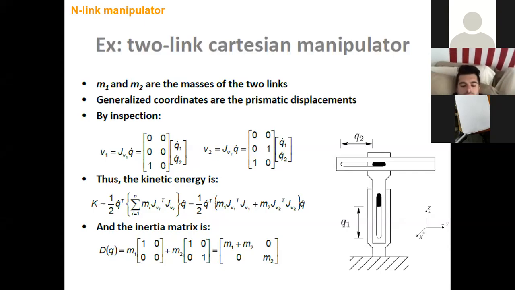Now let me go back to the potential energy part because we haven't done that yet. So we did the kinetic energy. I want to finish everything in the kinetic energy. So let me share my screen here.